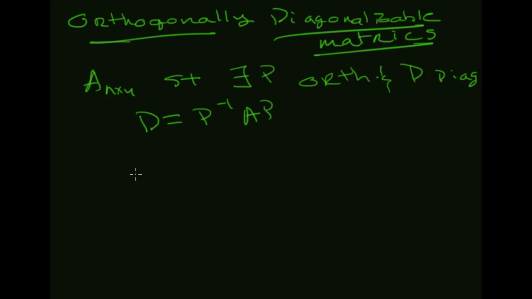It's a big mouthful to say, but it's basically saying that A can be made into a diagonal matrix using the inverse and itself of an orthogonal matrix.